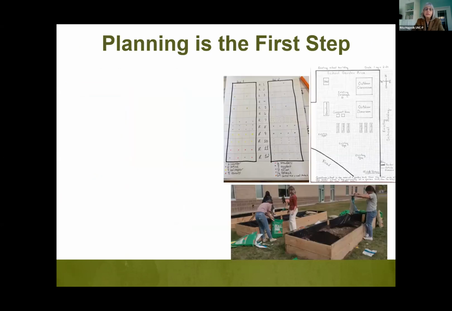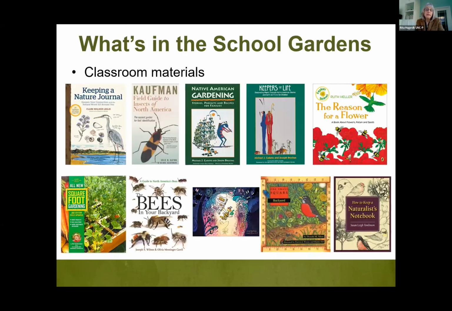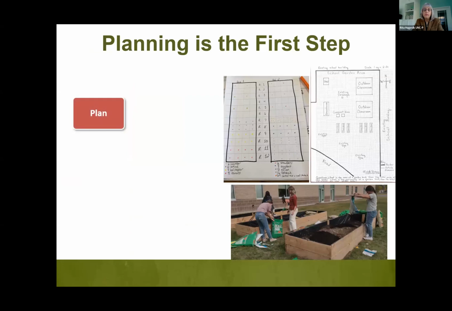Okay, the schools will receive approximately $30,000 in supplies to do these activities. It's an indoor-outdoor approach, so there are some things they will do indoors with the students, and some things they will do outdoors. The first step is for the school to plan where they're going to put their school garden.